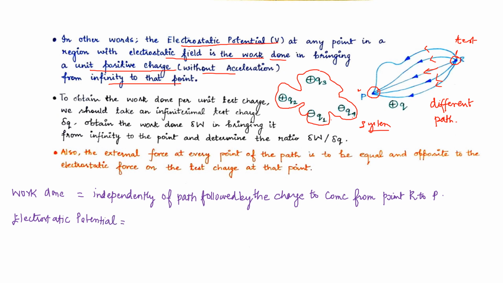See, the definition is given in the first point. Electrostatic potential at any point in a region with electrostatic field is the work done in bringing a unit positive charge without acceleration from infinity to that point. So I'll write the highlighted point. Work done. First concept is of work done.